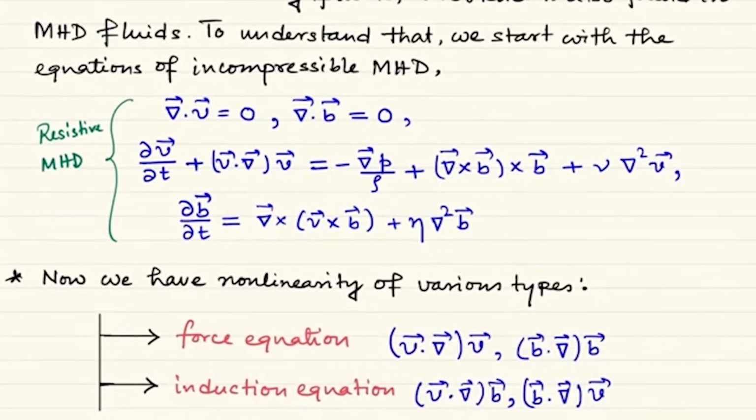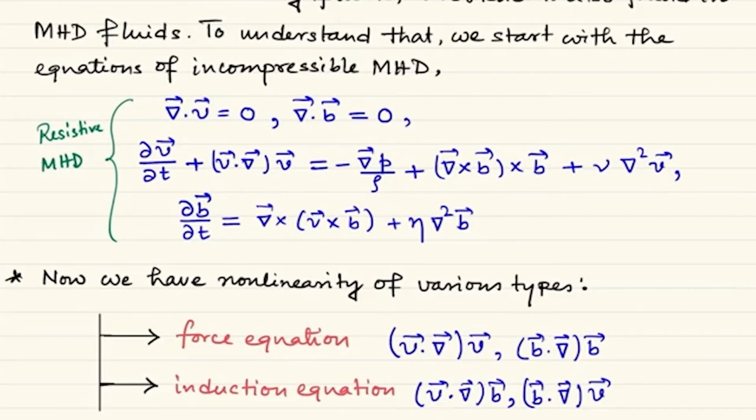If you remember the normal hydrodynamic Navier-Stokes equation, the nonlinear term which was present was this one, and the viscous term was this one. Now in this case we have a lot of terms, and certain terms give rise to the nonlinearity.